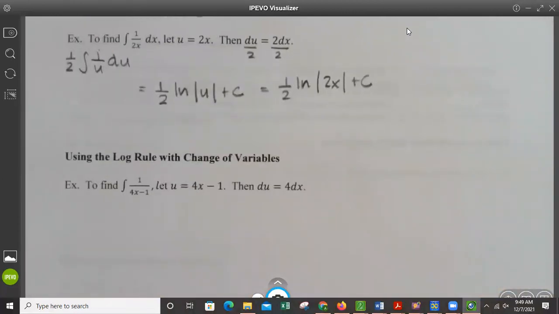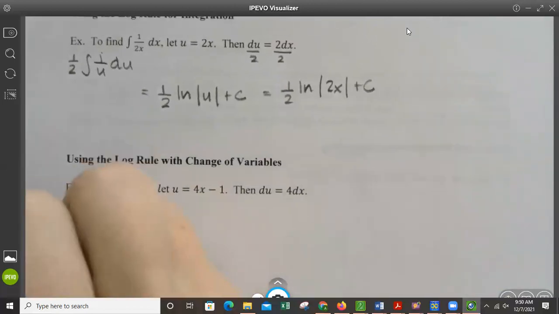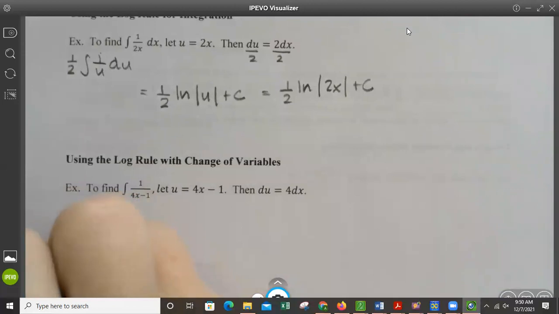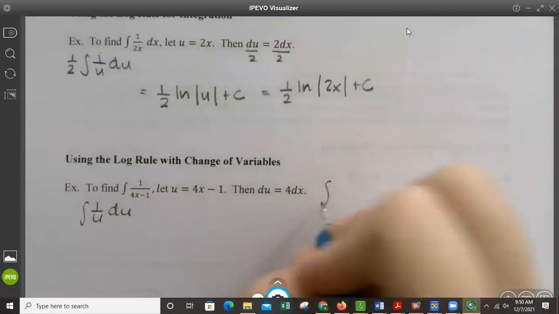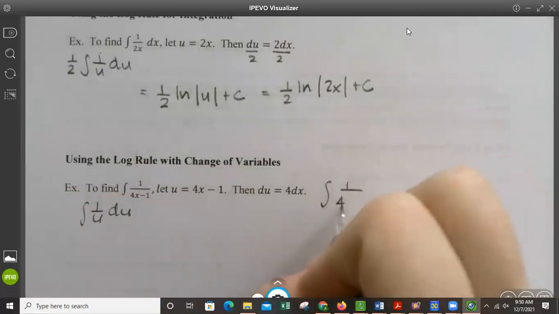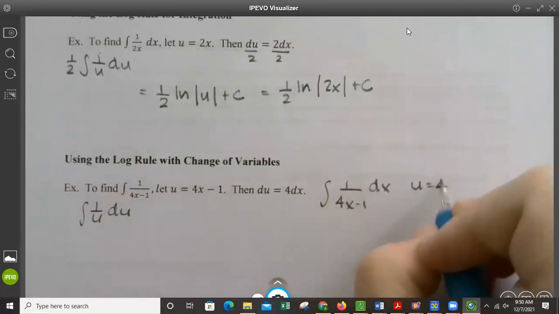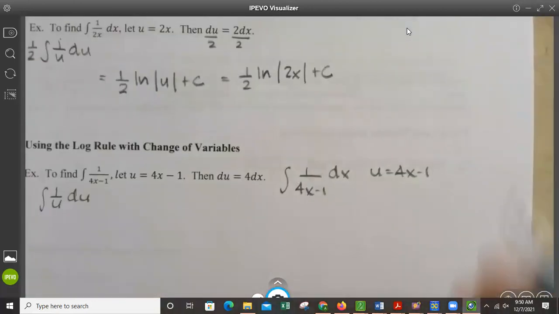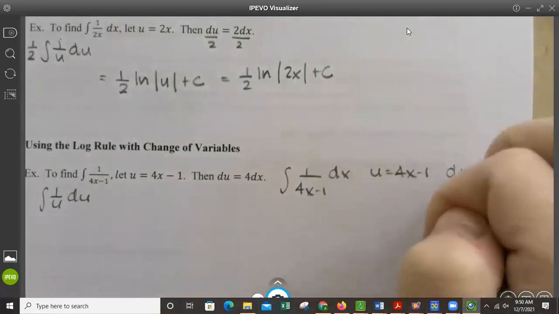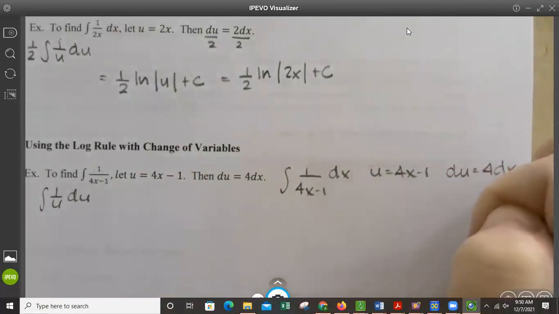Look at your next one, log rule with the change of variables. We would pick u to be 4x minus 1 so that we could do 1 over u du. But again, when I do my integration, just so you guys can see it, if I pick u to be 4x minus 1, and I know it's up there, but I want you to see it like we've been seeing it, it gives me 4 dx.